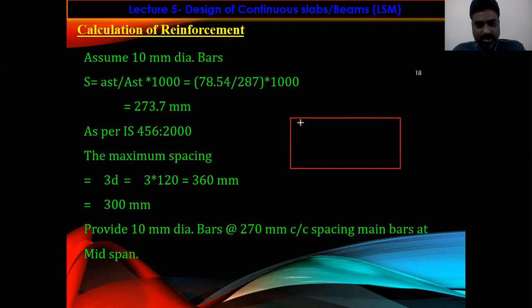So here it is provided like this. These are the main reinforcement, right? And in the other direction, you need to provide the distribution steel in this longer direction, right?